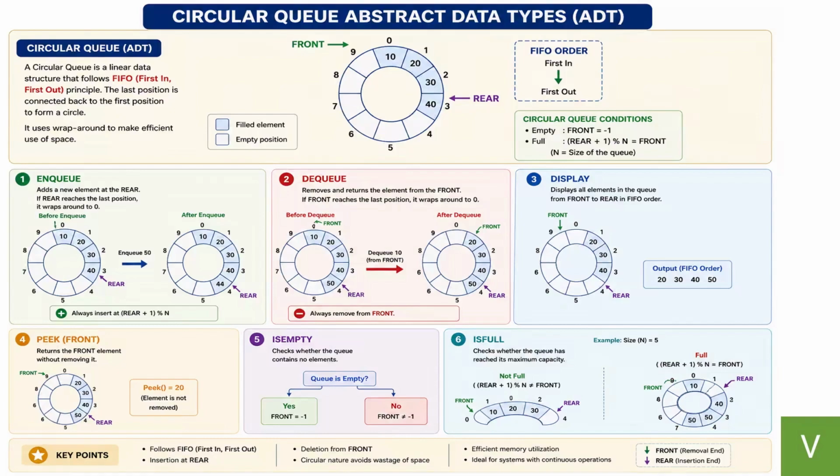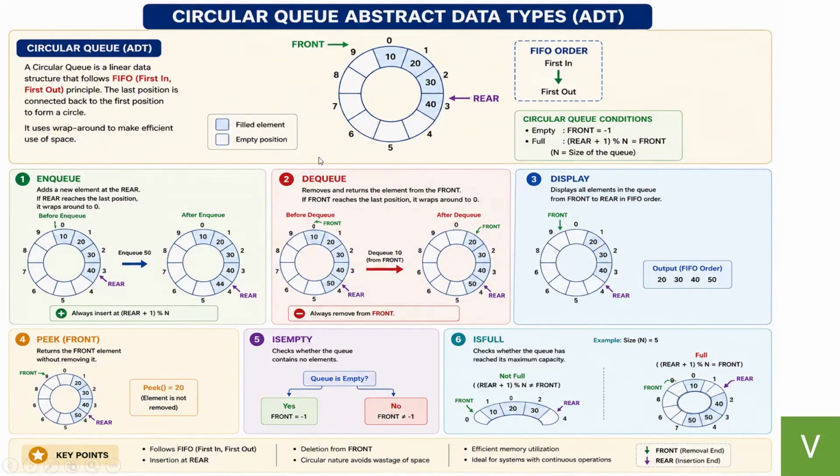Now let us understand clearly the abstract data types that are involved in circular queues. Let us consider we have a circular queue of 4 elements. The front corresponds to index position 0 and rear corresponds to index position 3. By performing the Enqueue operation, that is, if you want to insert element 50 into the circular queue, the rear gets updated automatically to position 4.